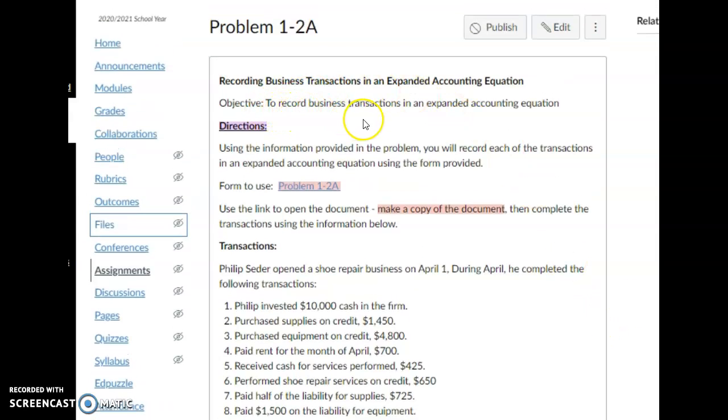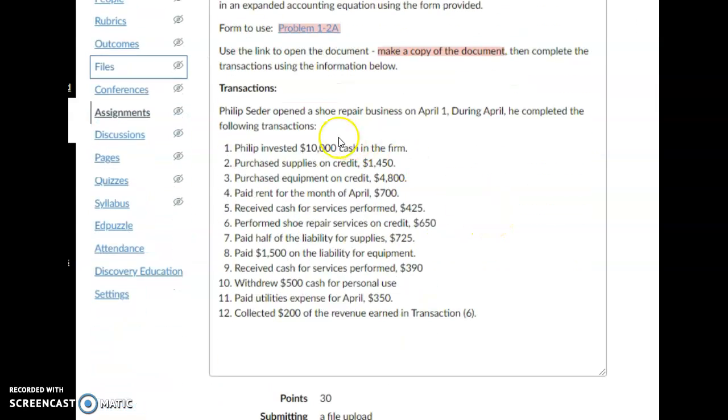And remember, you're going to put it in an expanded accounting equation like we just looked at. The first thing you will do is go to problem 1-2A and make a copy of the document. Then you will put the transactions in an expanded account form, and you will put a balance after every one.